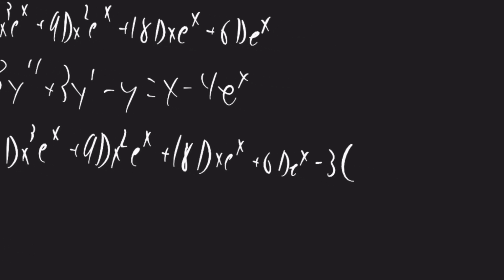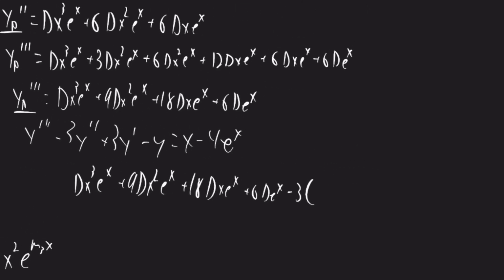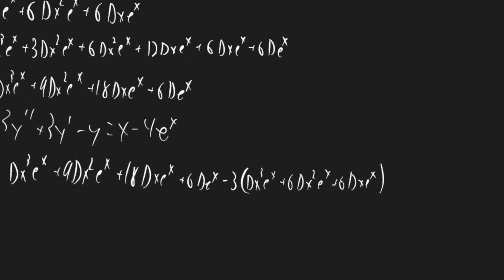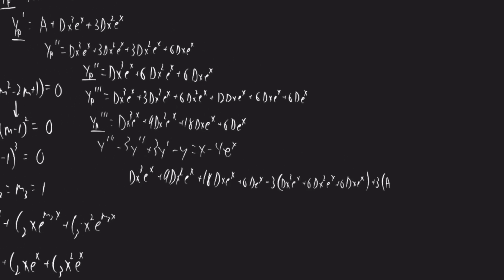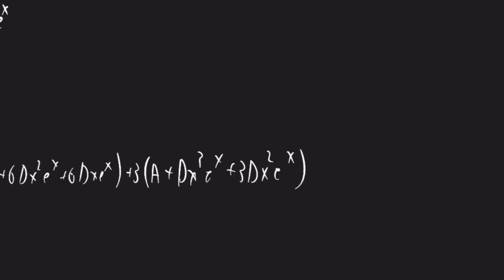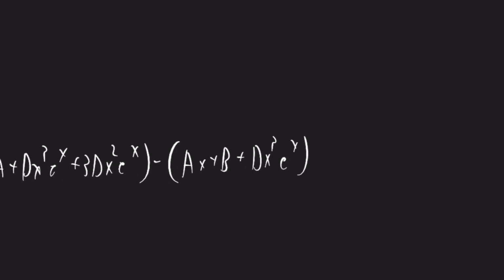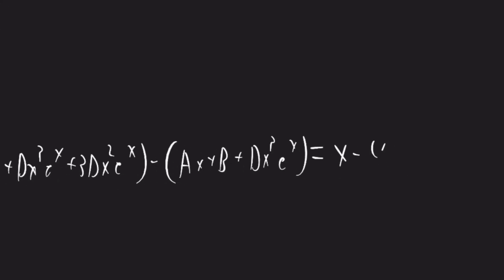That'll be minus 3 times yp double prime, which was dx cubed e to the x plus 6dx squared e to the x plus 6dx e to the x. Then it'll be plus 3 times yp prime, which was a plus dx cubed e to the x plus 3dx squared e to the x. And lastly, it was minus yp, which was ax plus b plus dx cubed e to the x. And that was all equal to x minus 4e to the x.